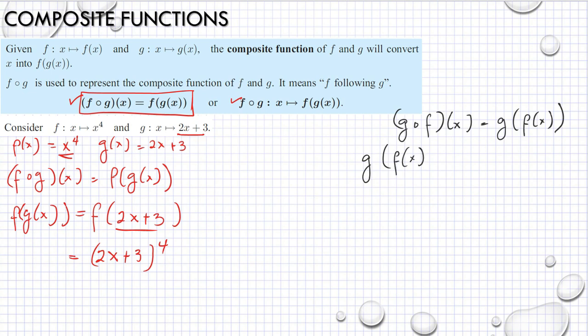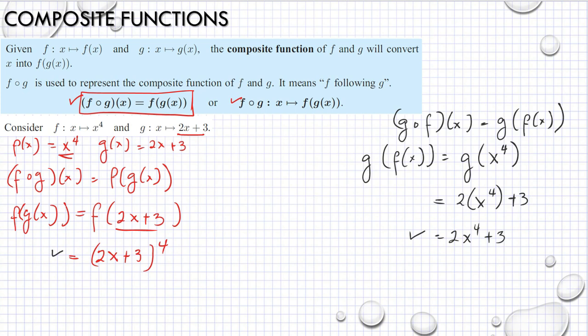Now, f of x is x raised to 4, and our g of x is 2x plus 3. Then we have 2 times x raised to 4 plus 3, and that is 2x raised to 4 plus 3. As you can see now, the results are not the same.